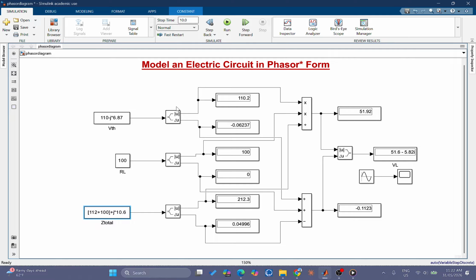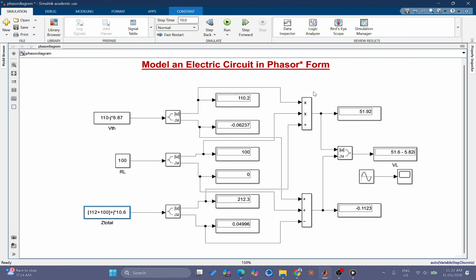At stage 2, each of these is given to the complex to magnitude-angle block, and this block transforms these rectangular variables into magnitude and phase.